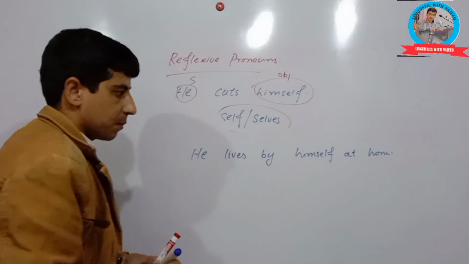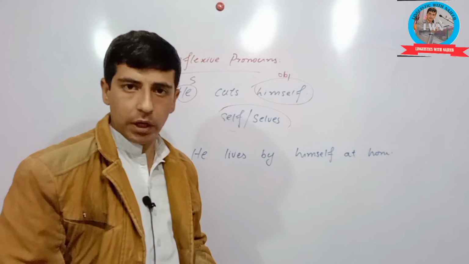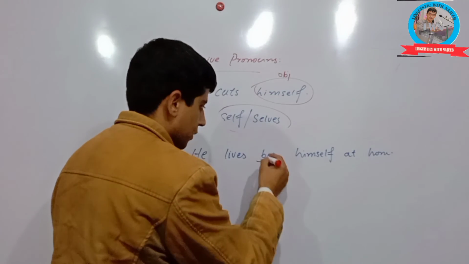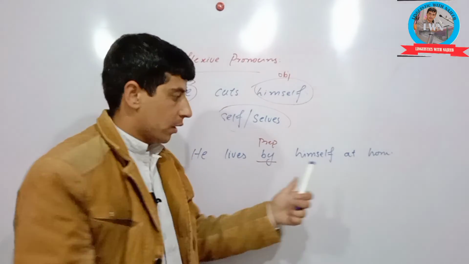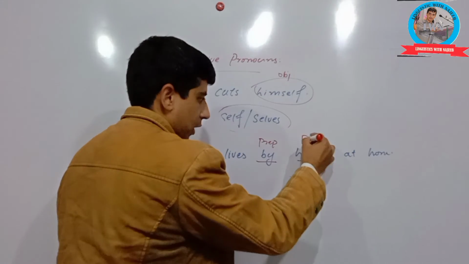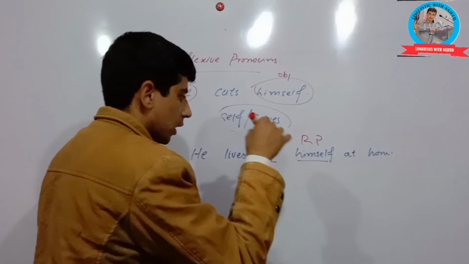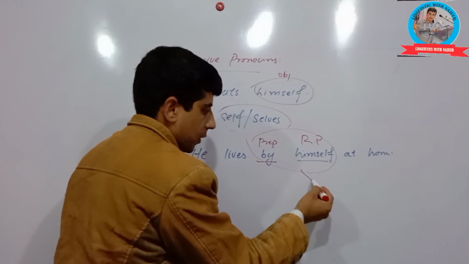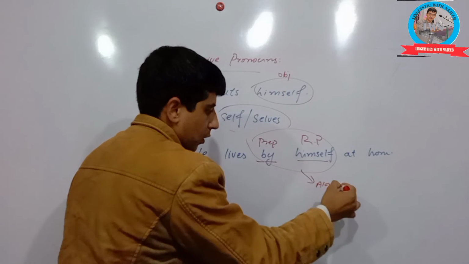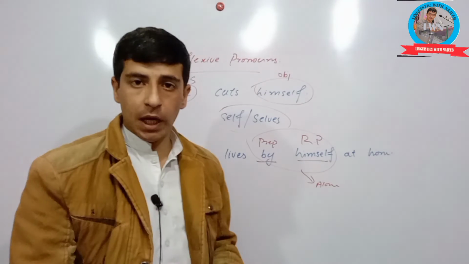He lives by himself at home. Right here, this is called preposition. This preposition is used before the himself reflexive pronoun, and it means alone. It means that he lives alone at home.